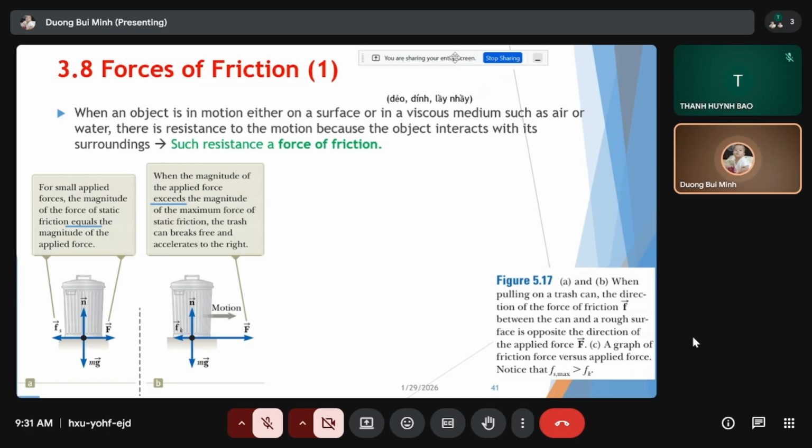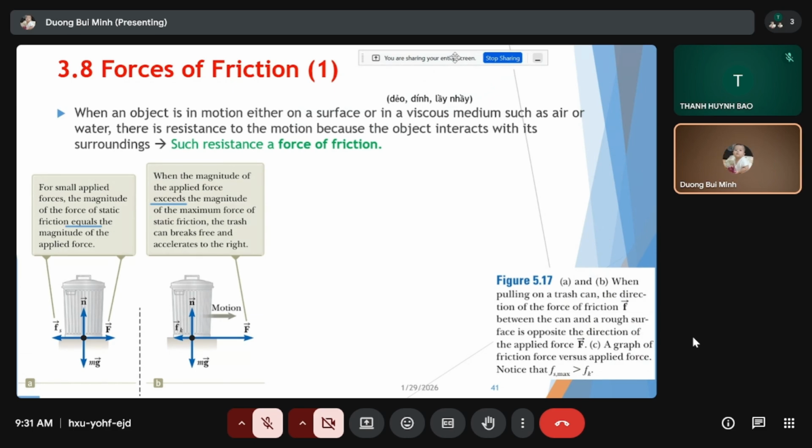What is Fs? Fs is the static friction force. We say static friction force because at the beginning, this can is empty, I mean, it is at rest. Then if this can is moving, we have another friction force.